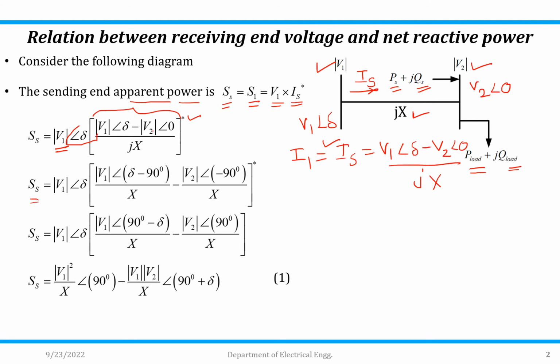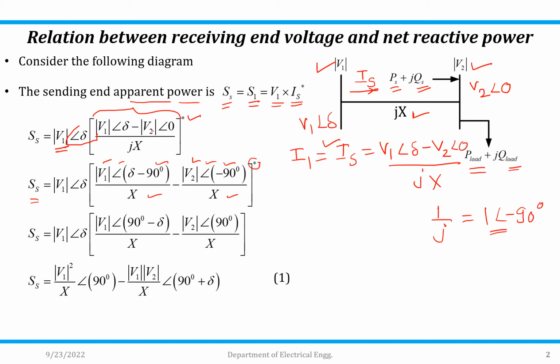Now SS will be equal to V1 at an angle 0 times the conjugate. Whatever term 1 upon j, I will write as an angle: 1 upon j equals 1 at an angle minus 90 degrees. So we will get V1 at an angle delta minus 90 degrees upon X minus V2 at an angle minus 90 upon X, with the complex conjugate as it is.